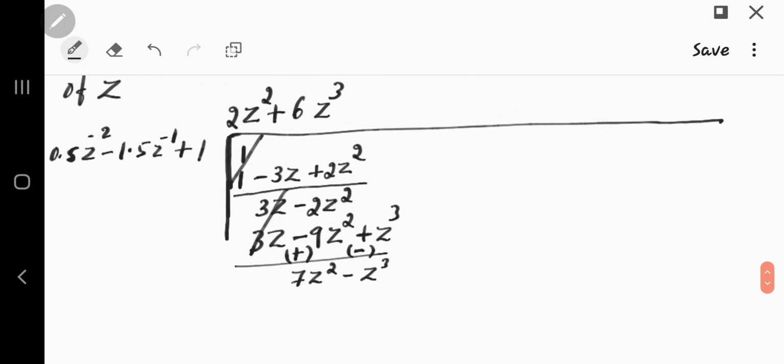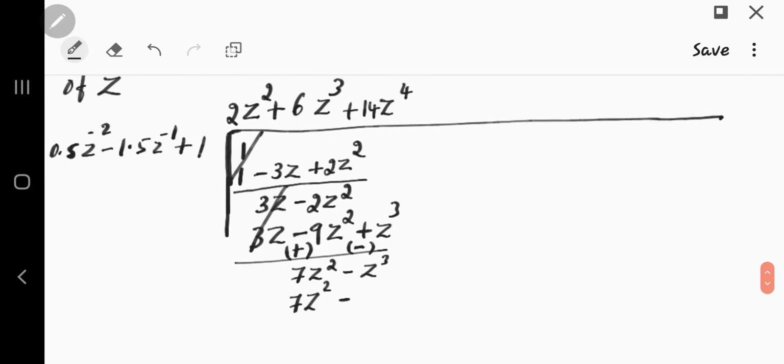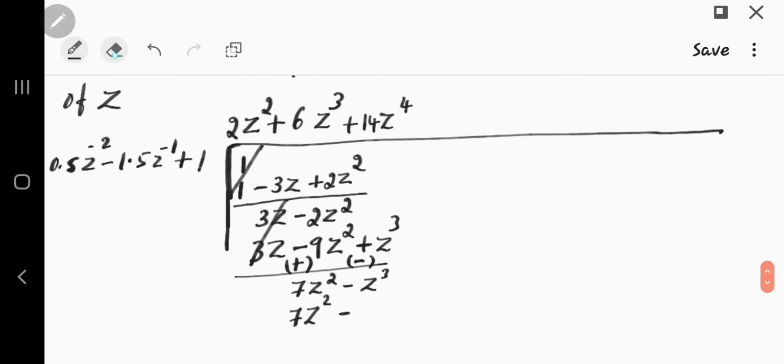Now to eliminate 7z square, I have to choose a higher power z4, and to get 7 I have to multiply by 14. So 14 into 0.5 gives 7z square, minus 1.5 into 14, which I think is 21z cube.